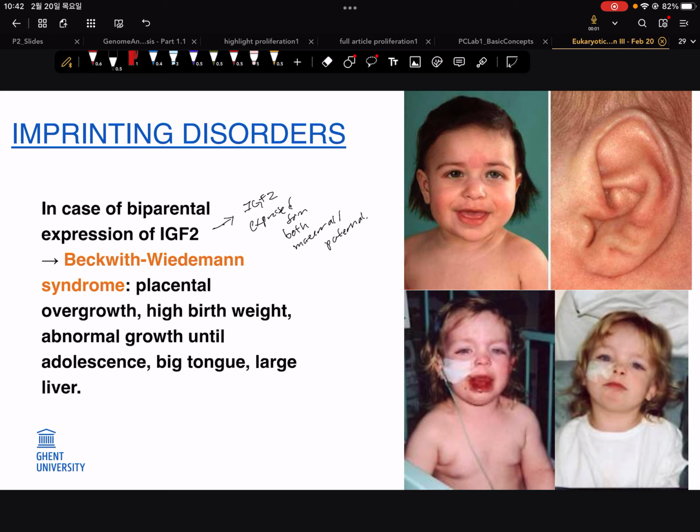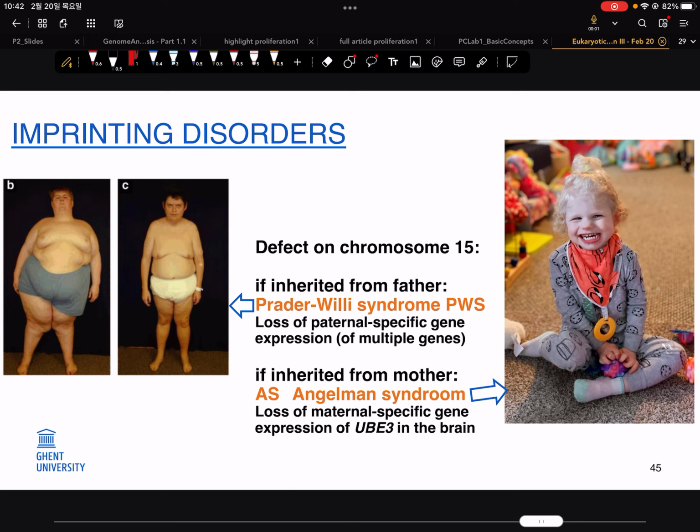Another well-described imprinting disorder, the Angelman and the Prader-Willi syndrome. I did not explain those imprinted genes, but it's a part on chromosome 15, and it's, what was the name again?